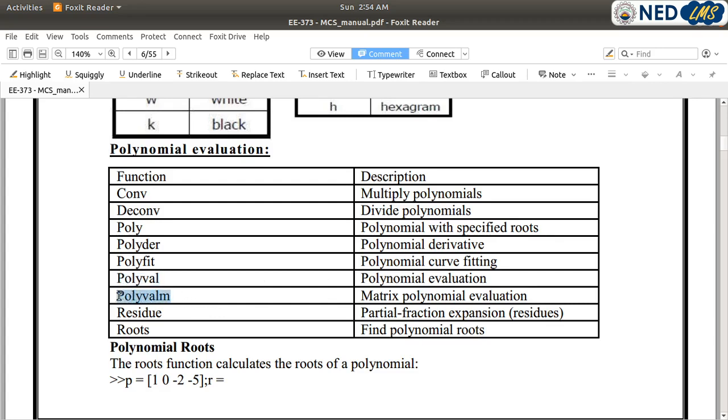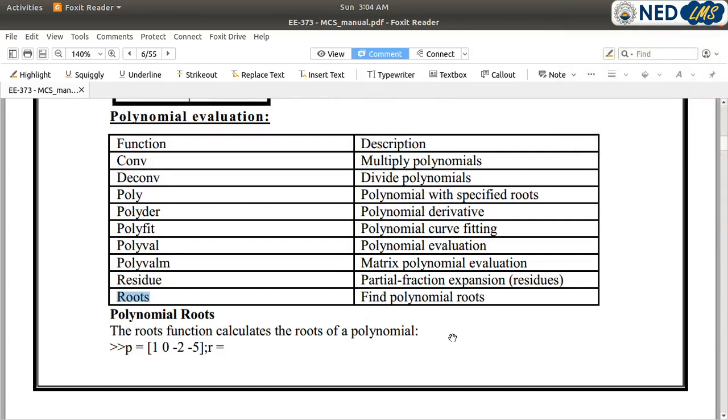This function polyvalm is used to evaluate the polynomial on a matrix. This function residue is used to create the partial fraction expansion. We will see how we can do it. And this function roots is used to find the roots of the polynomial.